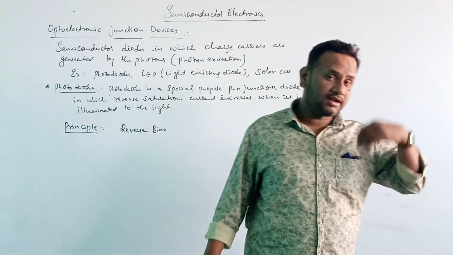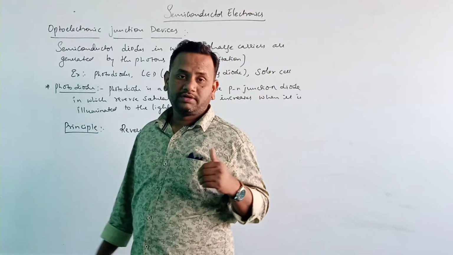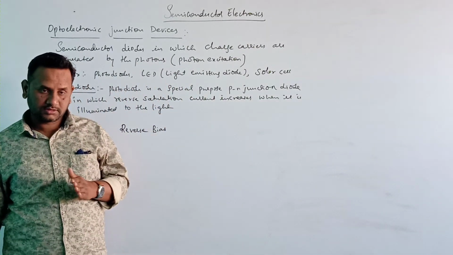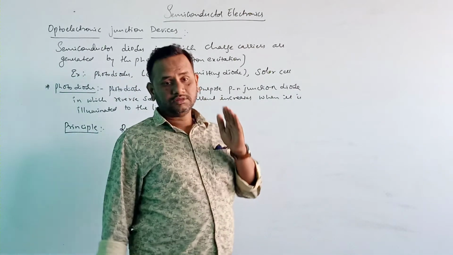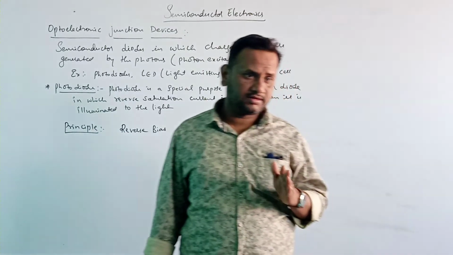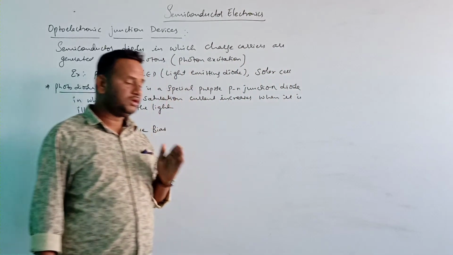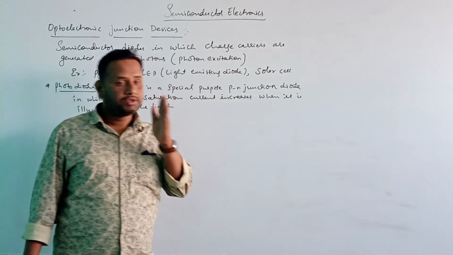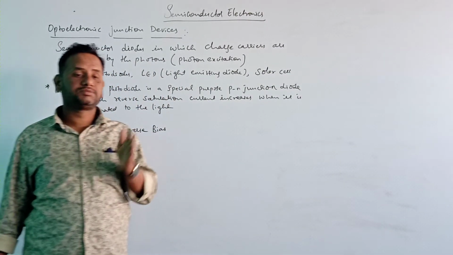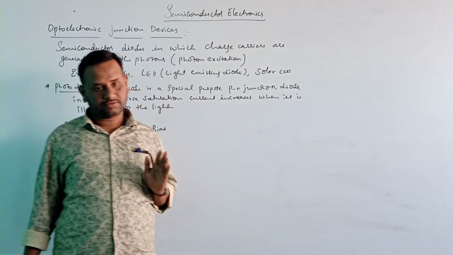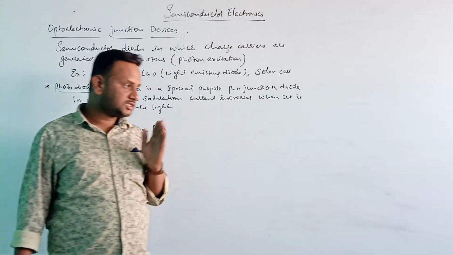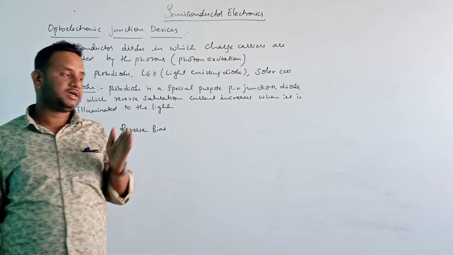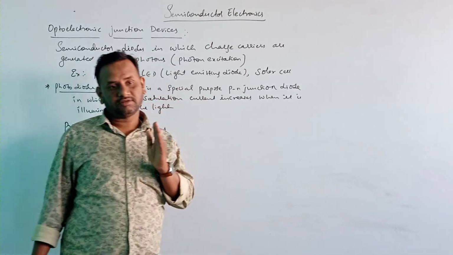As we have discussed in the last two classes, reverse bias and forward bias. In reverse bias it has a very small current, mainly due to the minority charge carriers present in the PN junction diode.